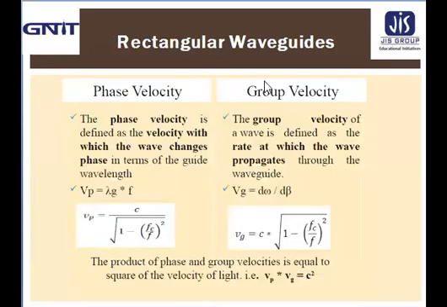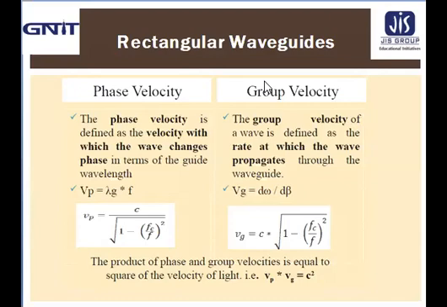And for rectangular waveguides, what is the phase velocity? The phase velocity is defined as the velocity with which the wave changes phase in terms of the guide wavelength, that is Vp equal to lambda g into f, and Vp equal to c by root over 1 minus fc by f whole square. And what is the group velocity?